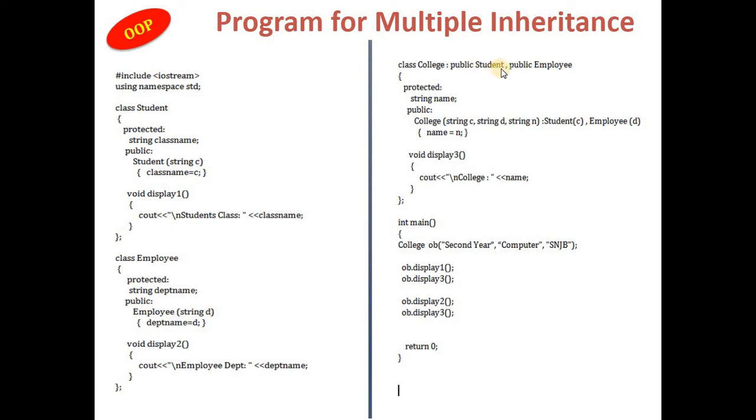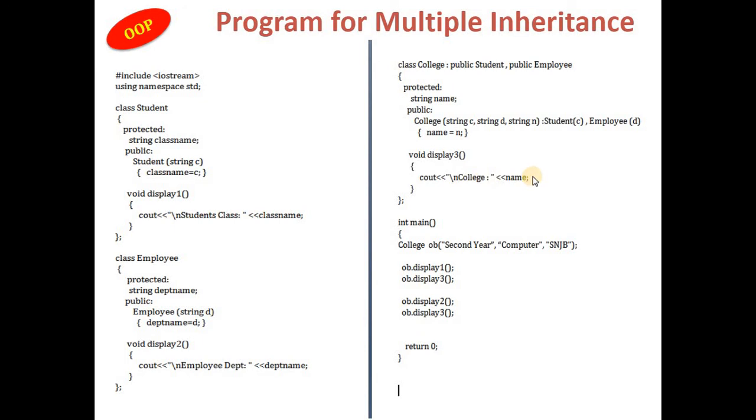That is why we have written public student, public employee, and then string name is its own data member. While defining the college, we have string C, string D and string N. We pass C to the student class and D to the employee class, and N we take to its own name, and we write the display 3 function, which displays the name of the college.